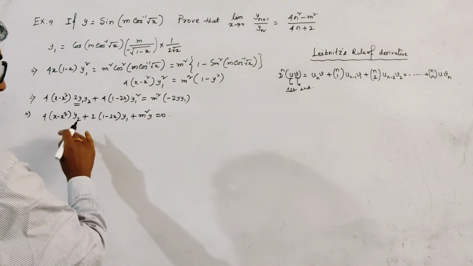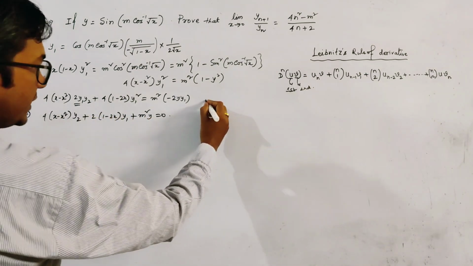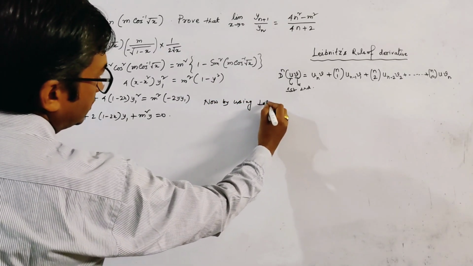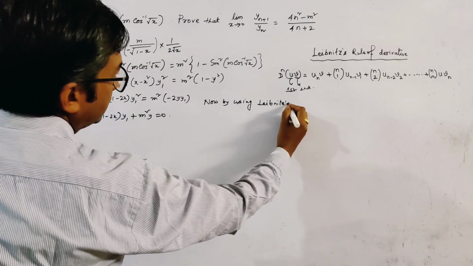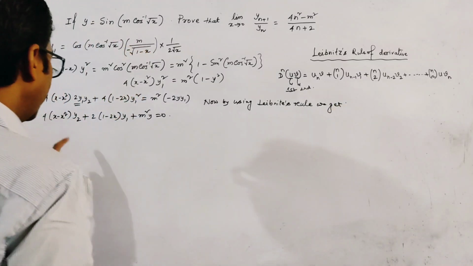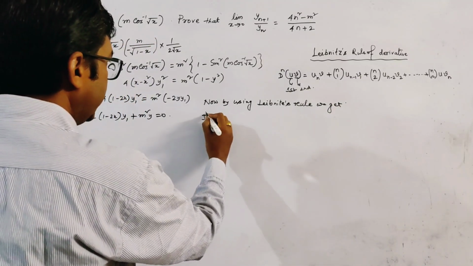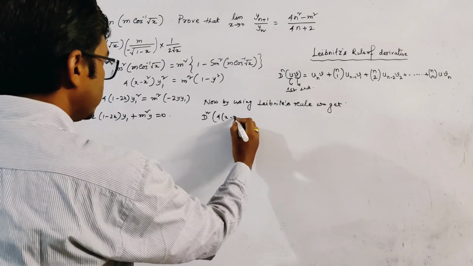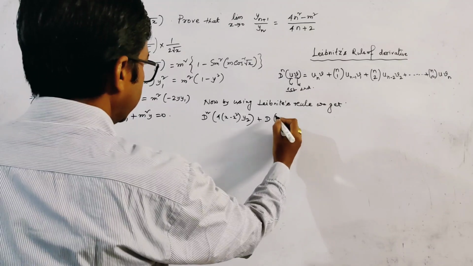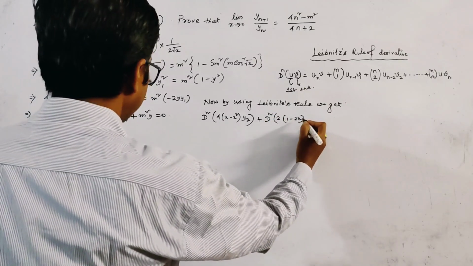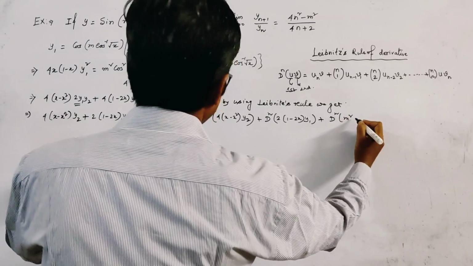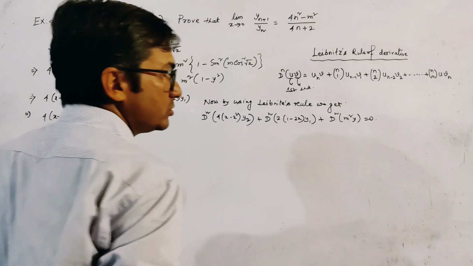Now we use the Leibniz rule of successive differentiation. We write the nth derivative of 4(x − x²) y2, plus the nth derivative of 2(1 − 2x) y1, plus the nth derivative of m² y, equal to 0.